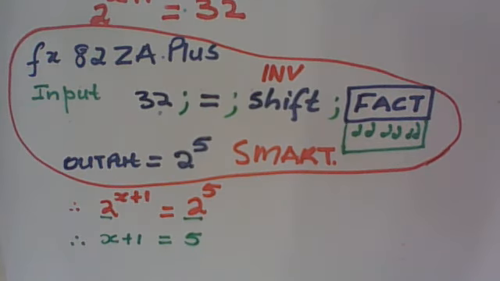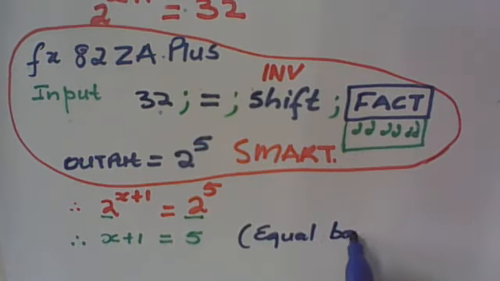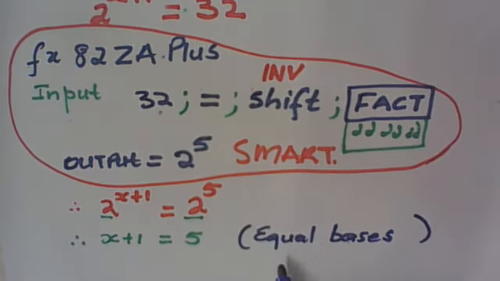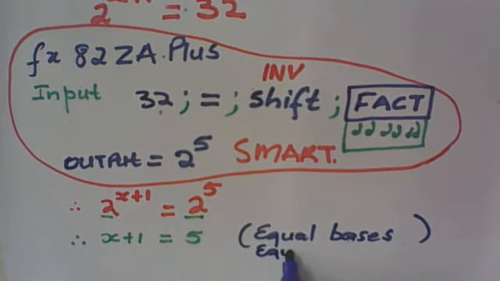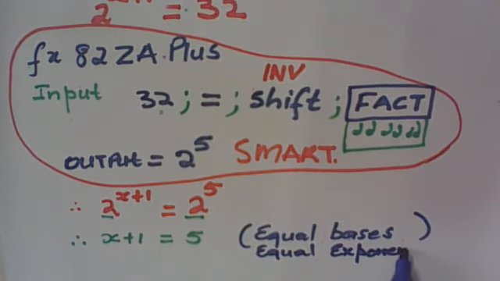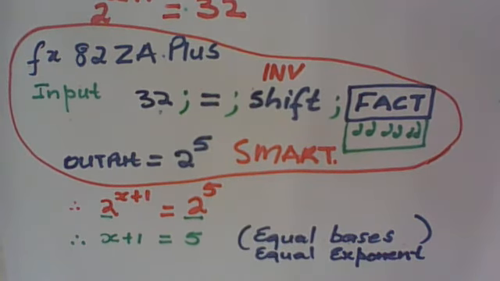Why do we say that? Because equal bases imply equal exponents. Now, the converse is also true. So that is why we have that statement.